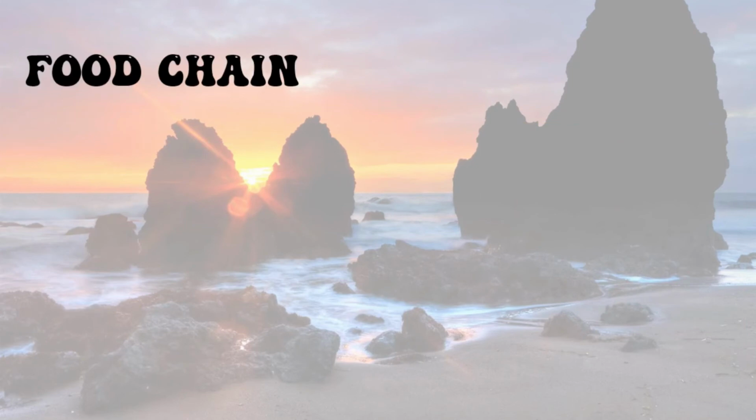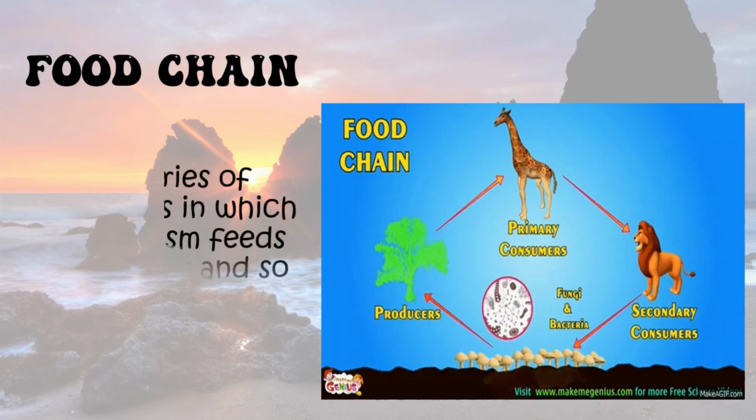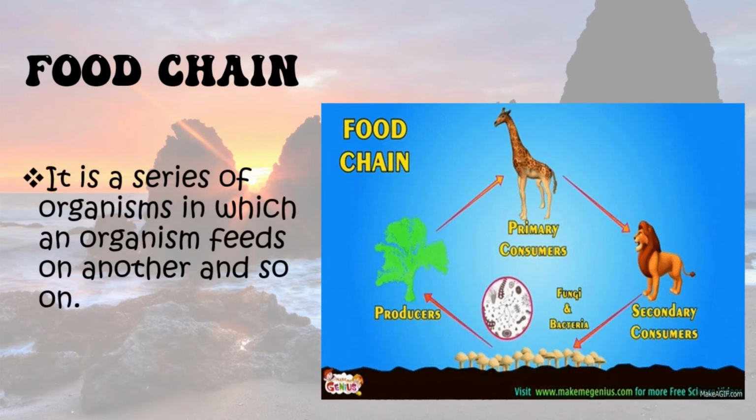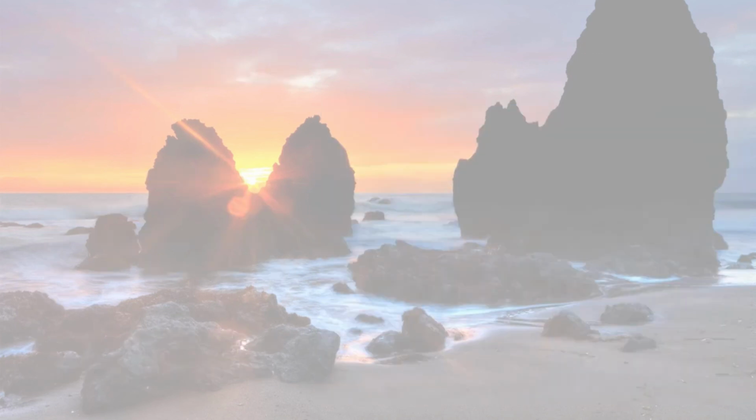When we say food chain, as you can see in the illustrations, it is a series of organisms in which an organism feeds on another and so on. It always begins with a producer, which is the plant.